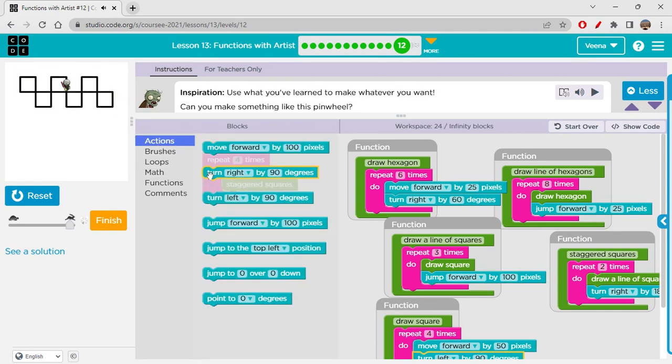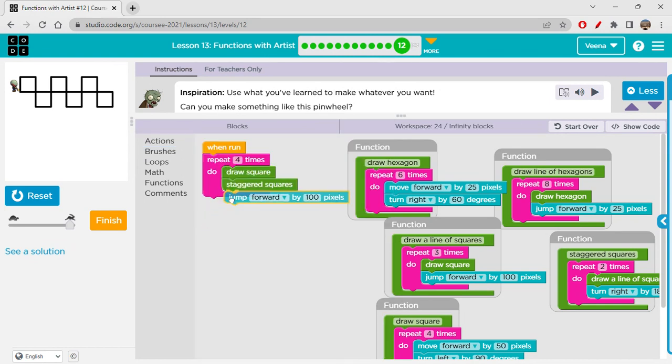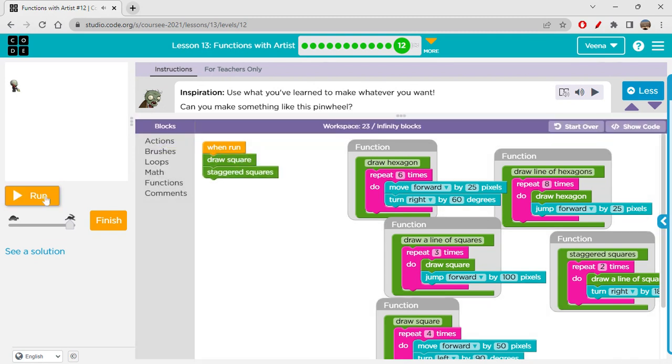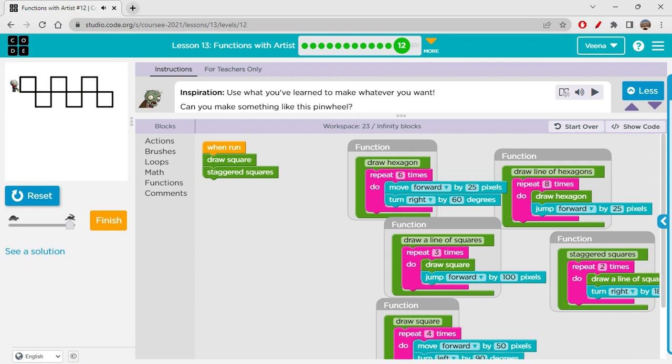So return, not turn, jump backward. Jump backward by 350 pixels maybe. Oh no, not 350. That itself is not there, right? Okay, leave it off. After drawing this, where is he standing? Okay, cool. Let that be.